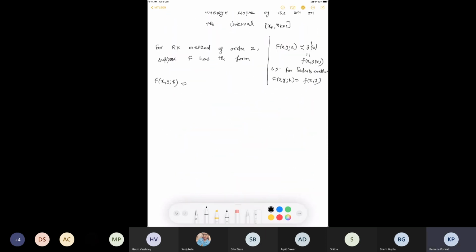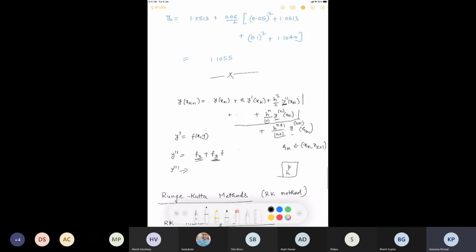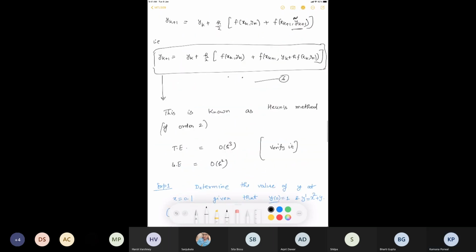So I'm going to have it as, say, gamma 1 times f of x, y plus gamma 2 times f of x plus alpha h, y plus beta h f.